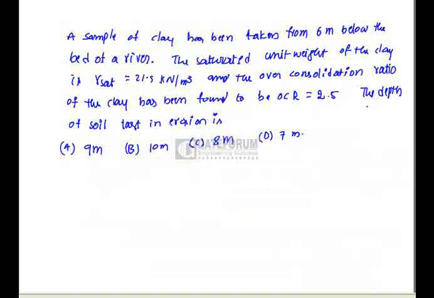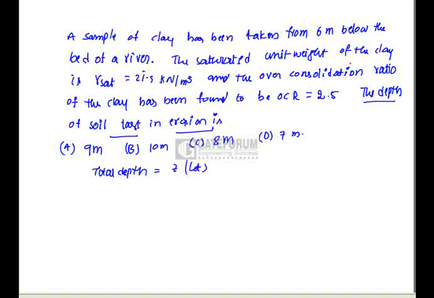Here we have to find out the depth of the soil lost in erosion. Let the total depth be Z. The question is, a sample of clay has been taken from 6 meters below the bed of a river.